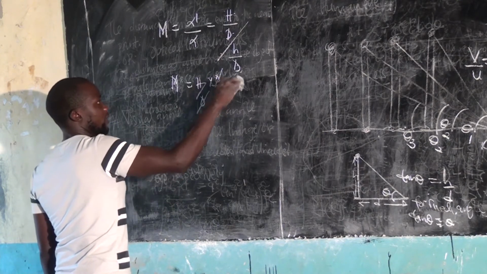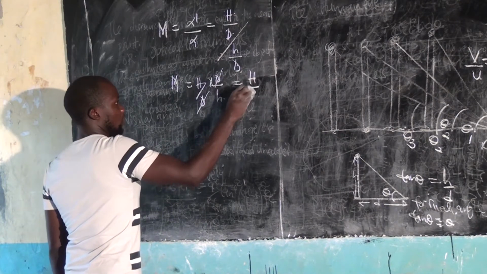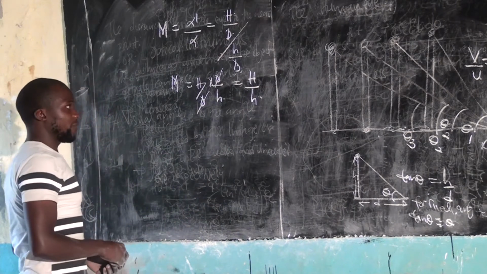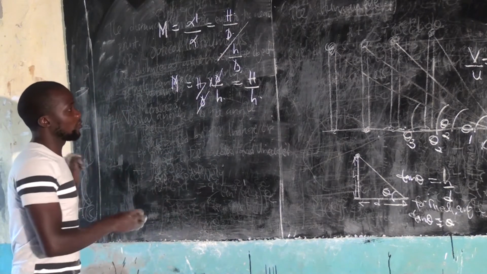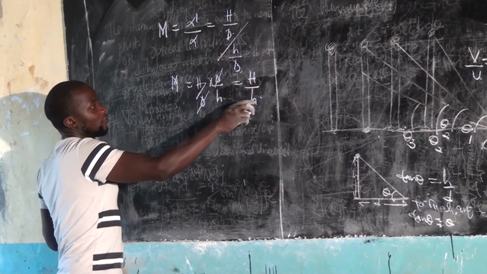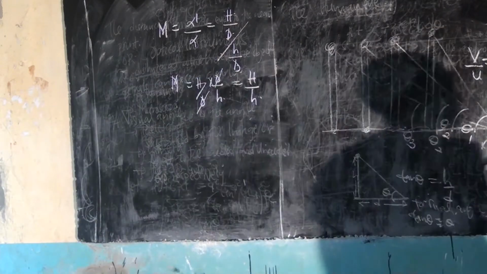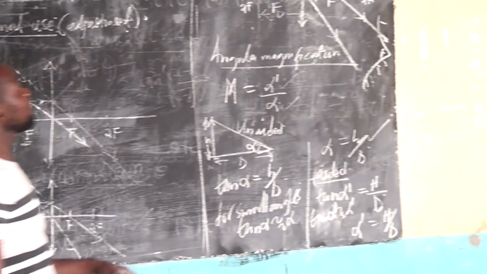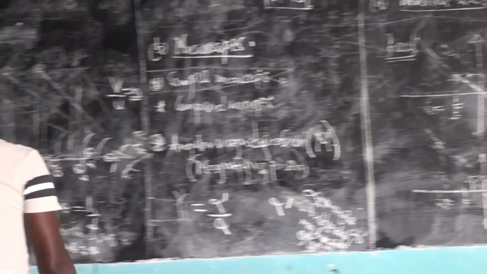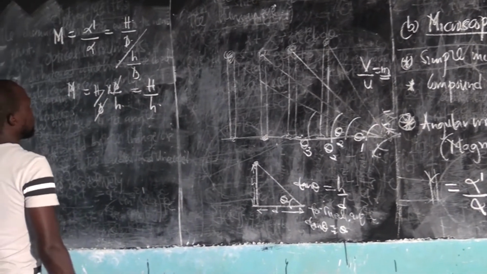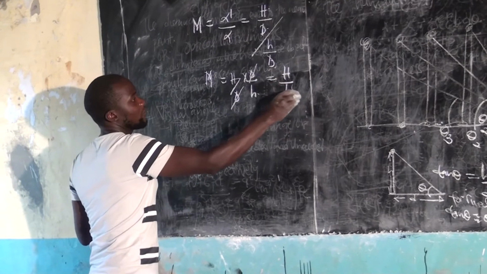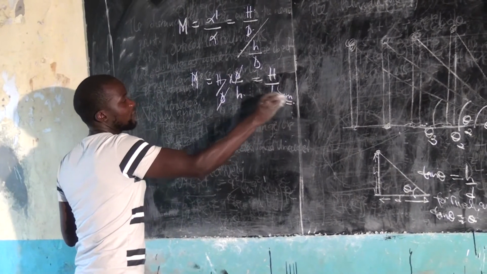The D is leaving, and I am left with H over H. But remember, from linear magnification, all these ones are heights of objects and images. So with linear magnification, you will remember that this is a particular linear magnification.